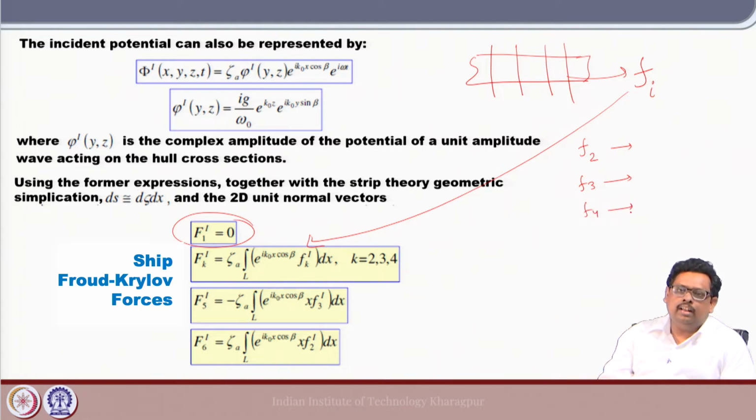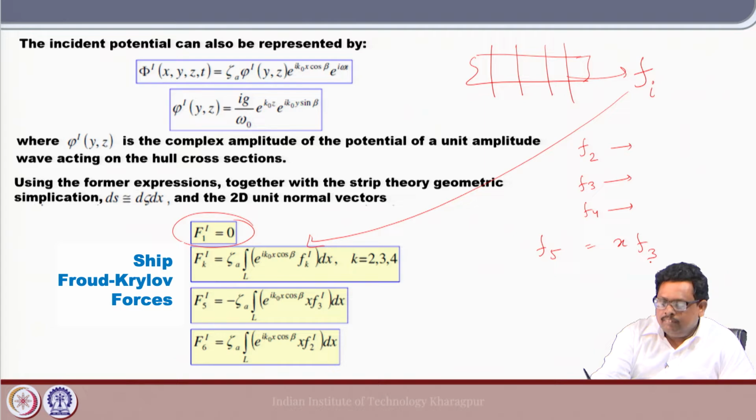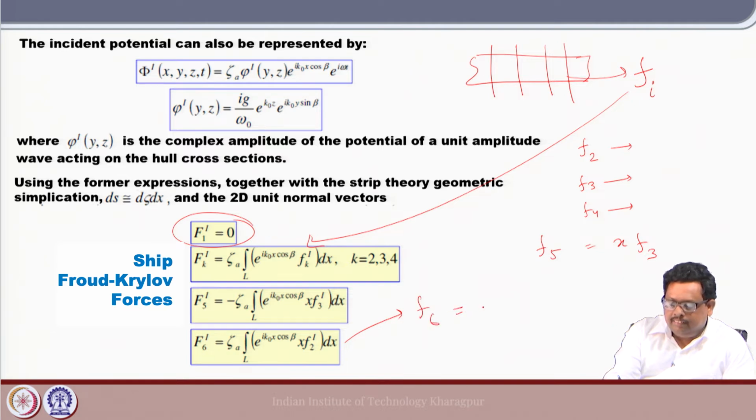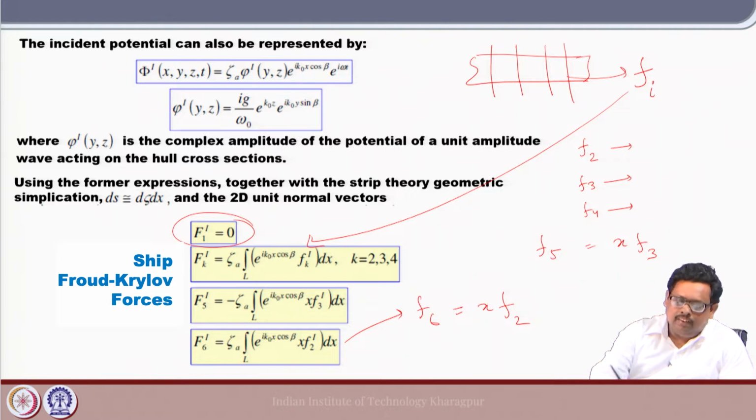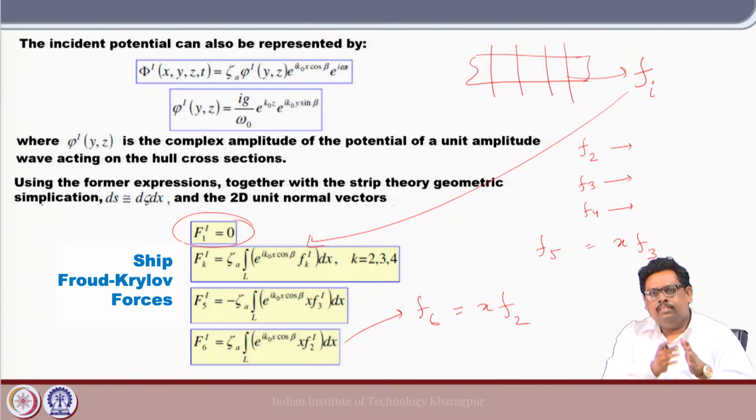Now, if I know f 2, f 3 and f 4, I can definitely get f 5 by taking the moment multiplied by the heave mode. And for the 6th mode, f 6 is nothing but x multiplied by the second mode f 2. So, this is how we are going to get the total fluid scalar force over the body.